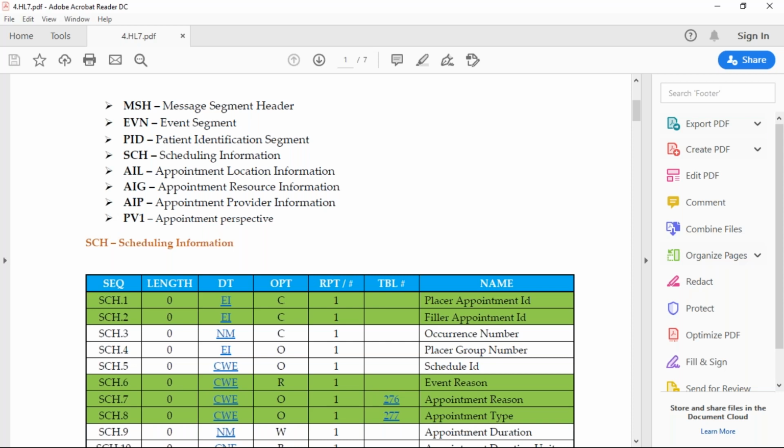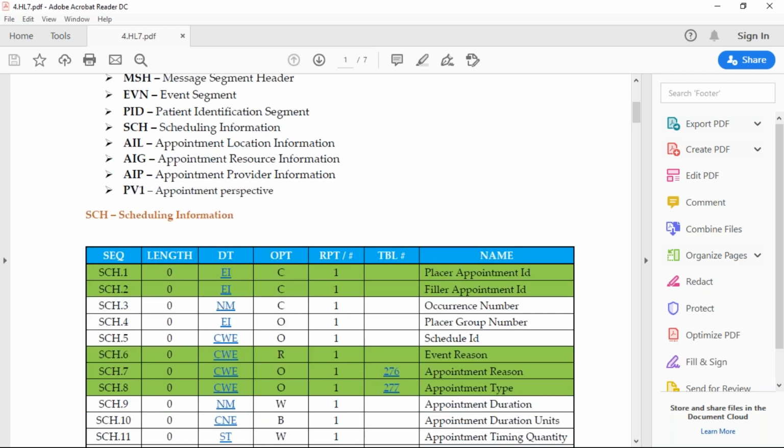So let us look at the next segment, which is the SCH segment, which is for scheduling information. As I said, MSH is the standard segment present in all the messages. EVN might be seen or might not be seen; that depends on the interface person who is generating an appointment message.